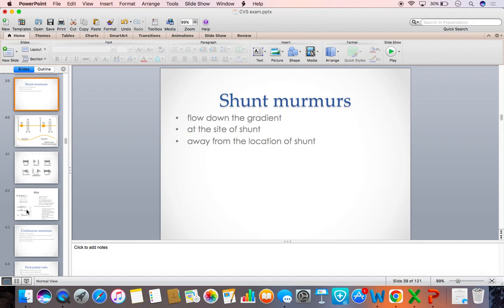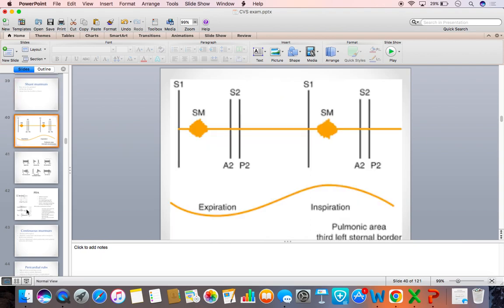Whereas in atrial septal defect, the murmur is heard at the left second space, that is the pulmonary area. The pulmonary valve being normal, it is a flow murmur occurring at the pulmonary area.